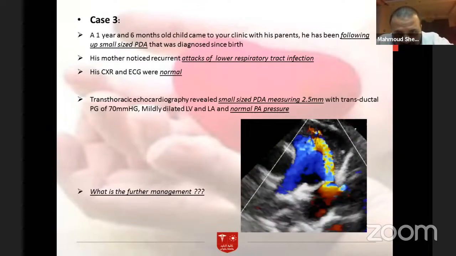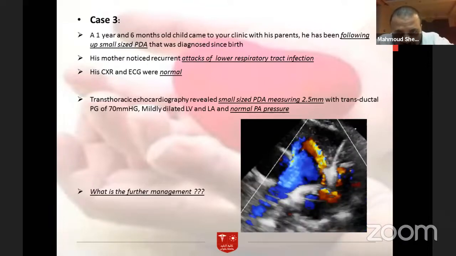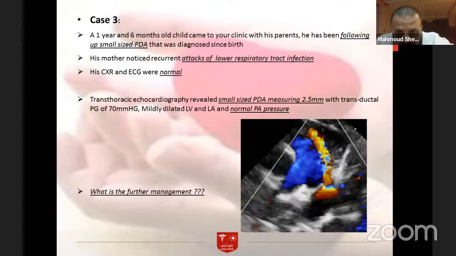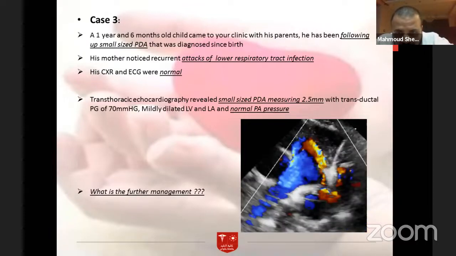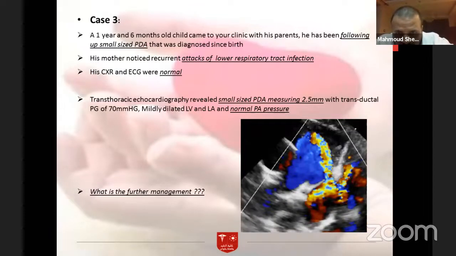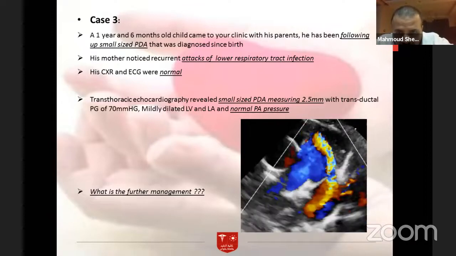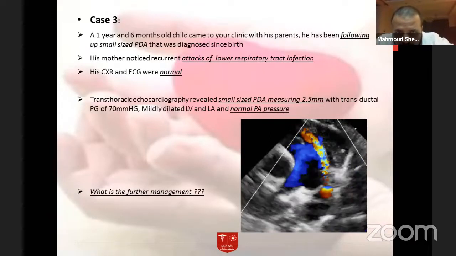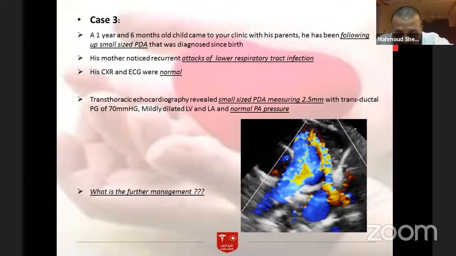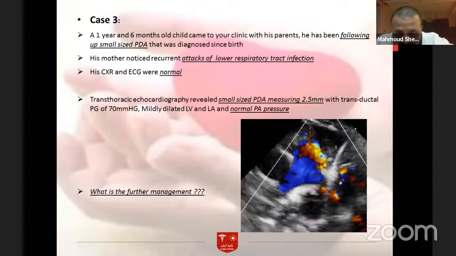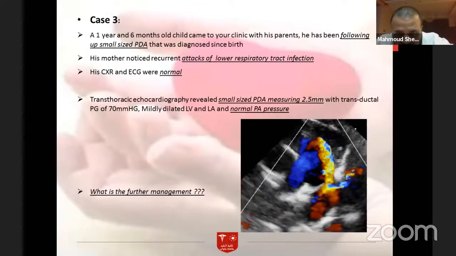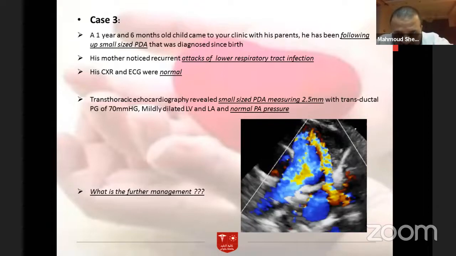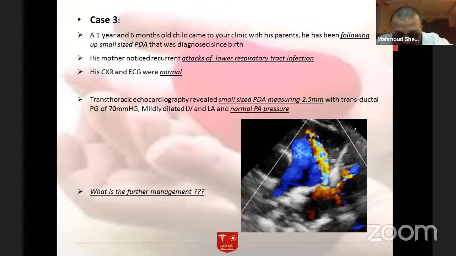In the echo that Dr. Khalid showed us, a very nice ductal view shows a conical shaped PDA type A, which is the most common type, with a small size pulmonary end, 2.5 millimeter. So I think the next step is to go for elective transcatheter closure of this PDA.